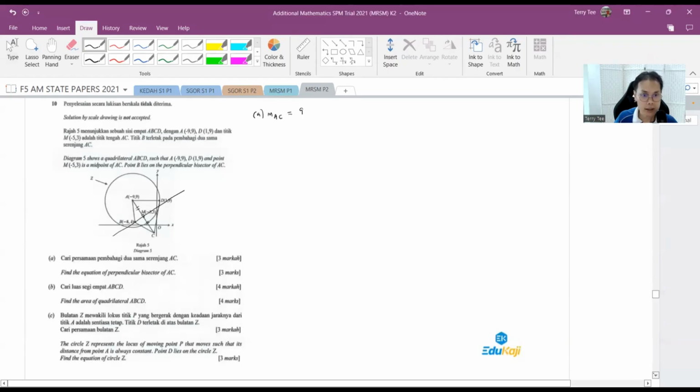Maybe I should write AM because the coordinate of C is not given, but AC and AM have the same gradient. So I'm going to write AM here. My gradient AM is 9 minus 3 over minus 9 minus minus 8.